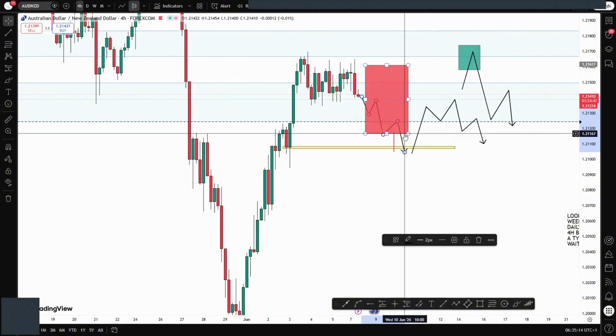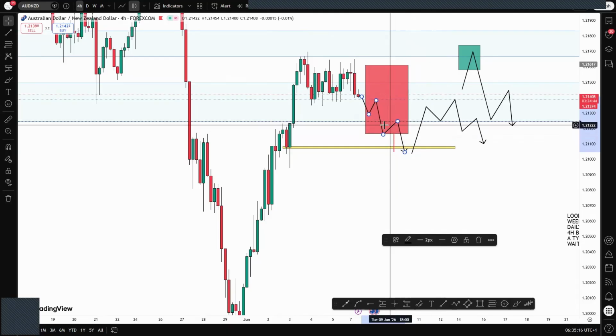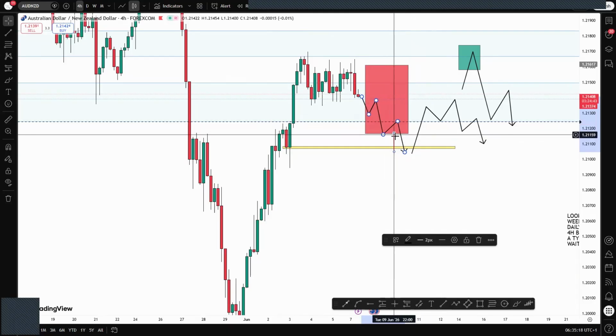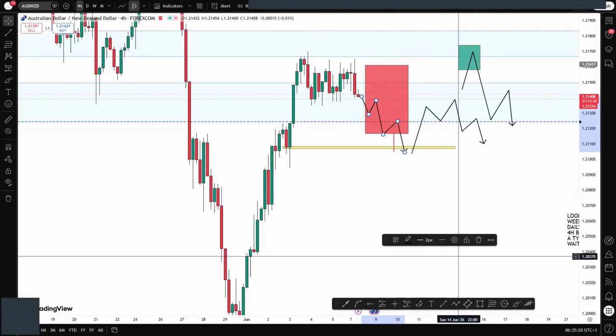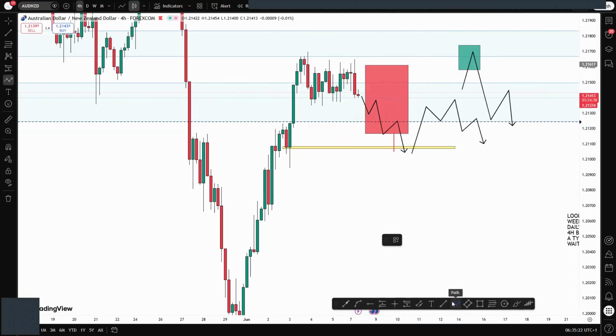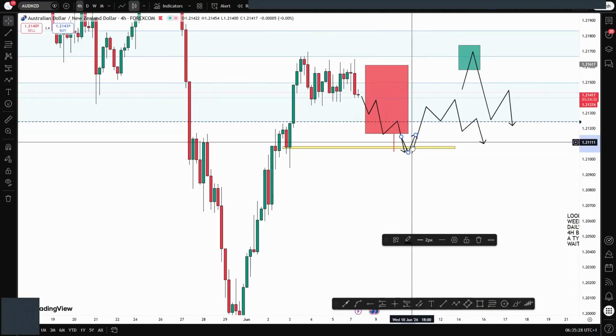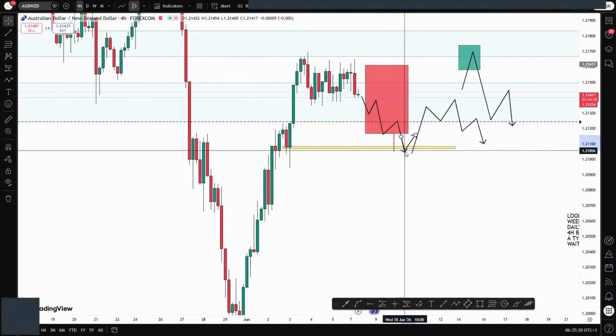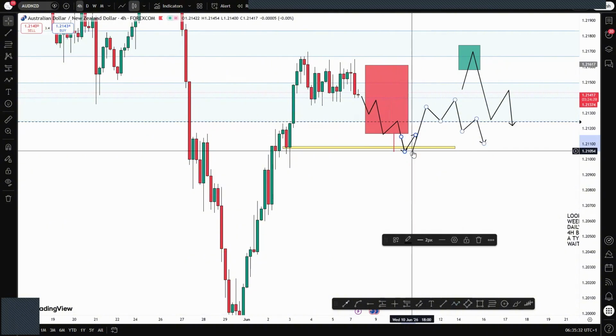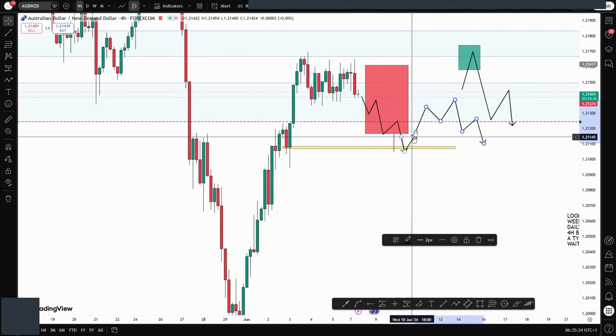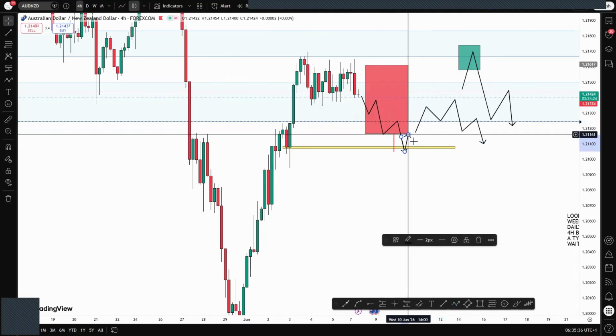But in the daily time frame, you're having this break below and the pullback here. And in the 4-hour time frame, you're having something like this. Price closing at this point here. The same daily candlestick.